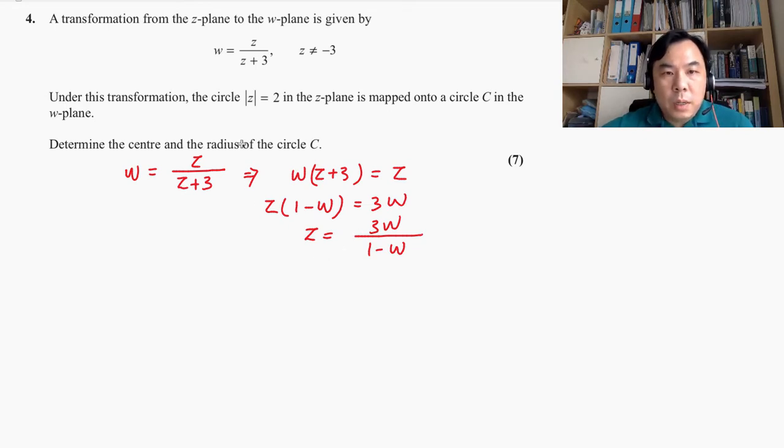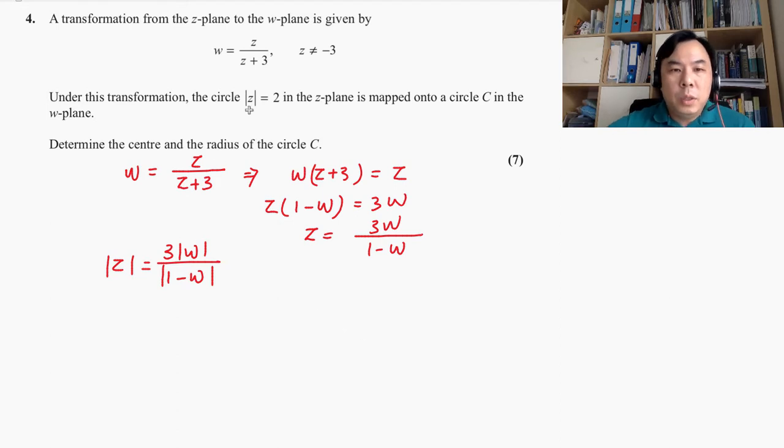After that, by taking a modulus on both sides, I'm going to write it down here. We know that the modulus of z is given by 2. So if we rearrange that again, that will be this.